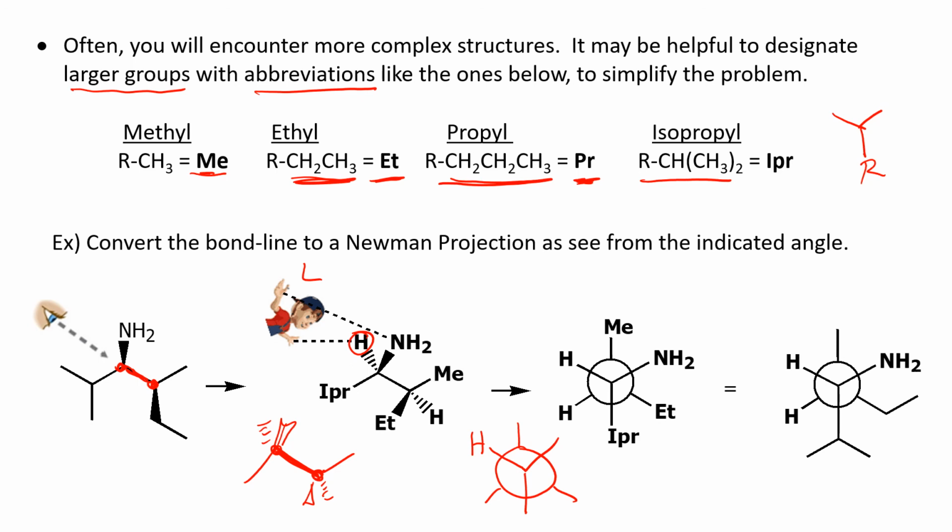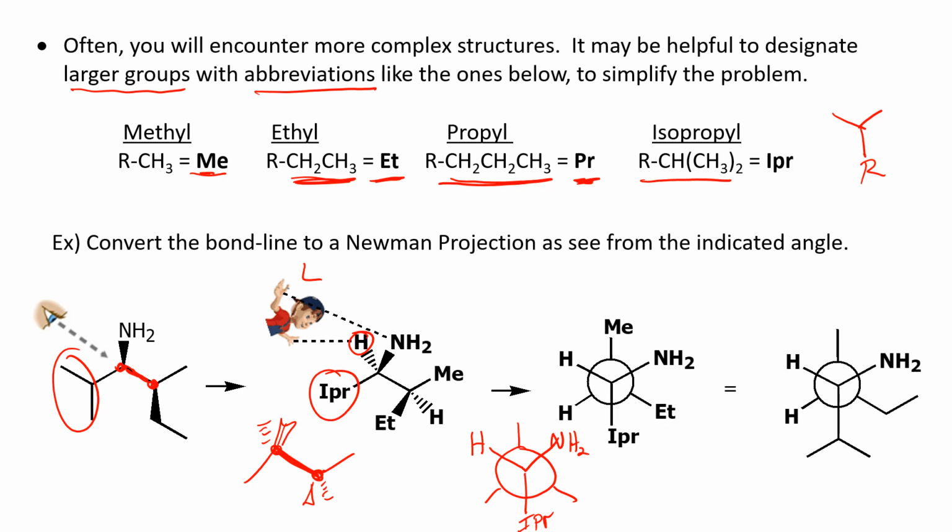That means the wedge here, our NH2, is on the right. And what's down below? Well, this isopropyl group. It's a lot easier to write IPR than it is to draw all that out. All right, our front carbon is done.